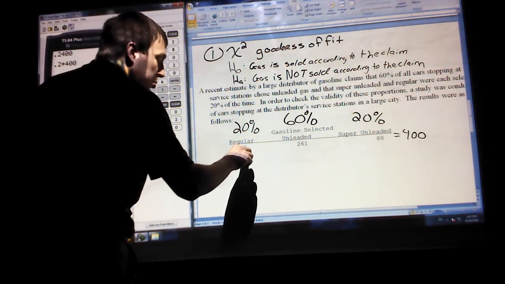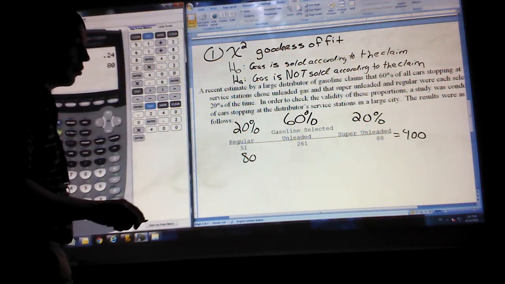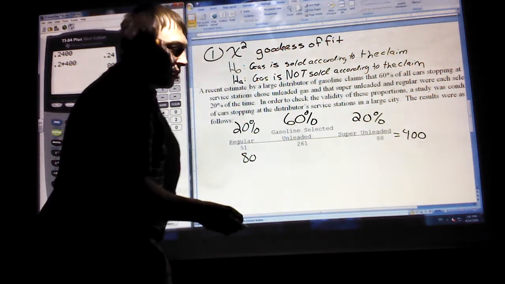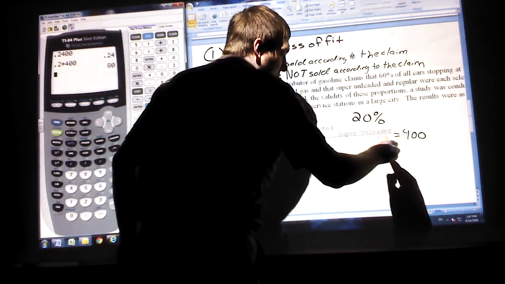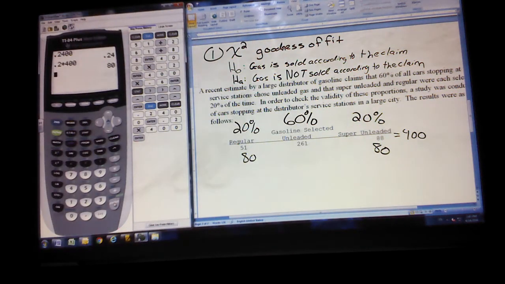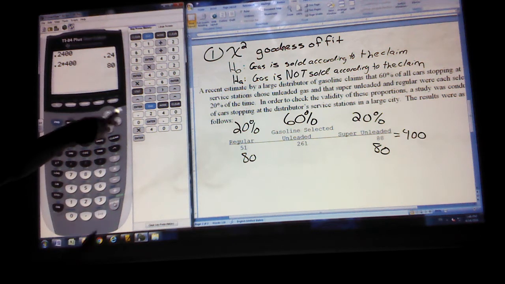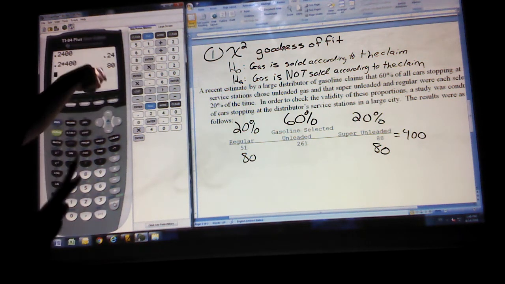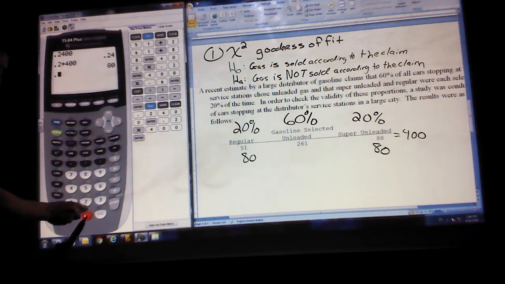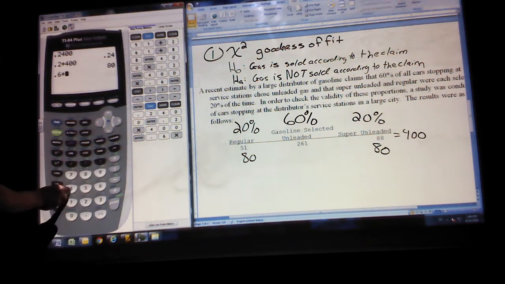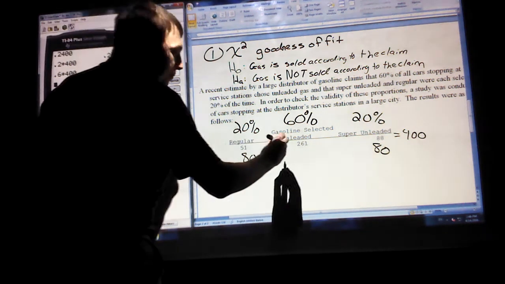So we expected 80 regular, and also 20% over here is supposed to be 80 for the super unleaded. The rest are just the unleaded, and that's supposed to be 60% of the total. So that is 0.6 times 400. That gives us 240.